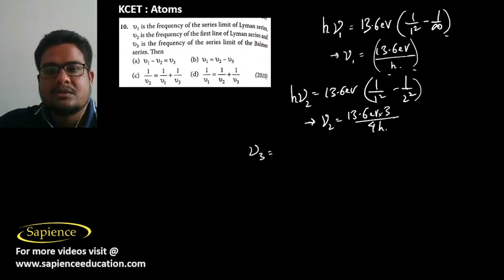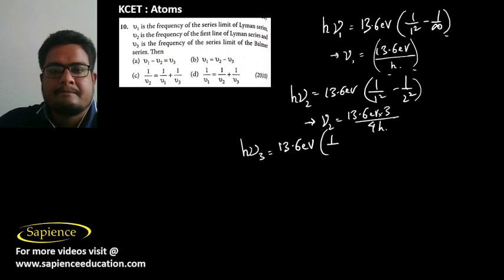Mu 3 is the frequency of the series limit of the Balmer series. So h mu 3 will be equal to 13.6 electron volt into 1 by series limit of the Balmer series.